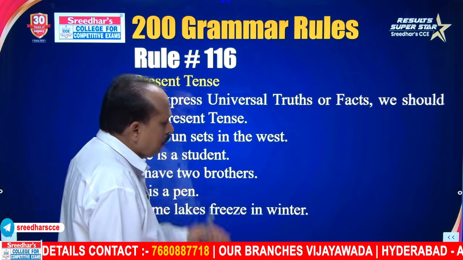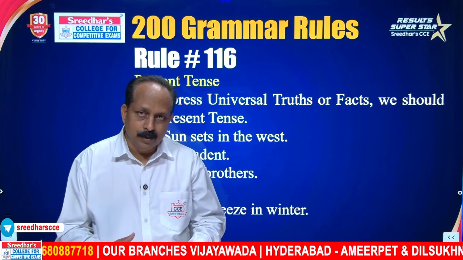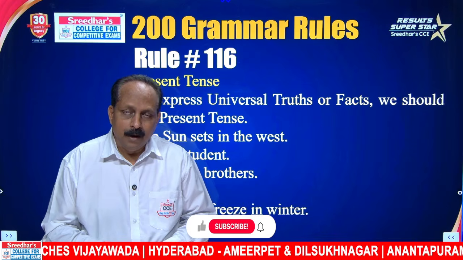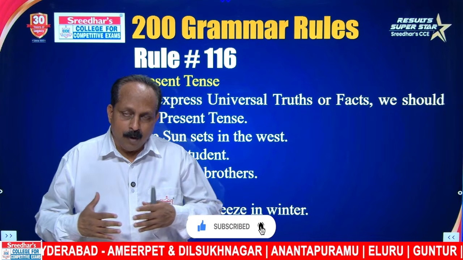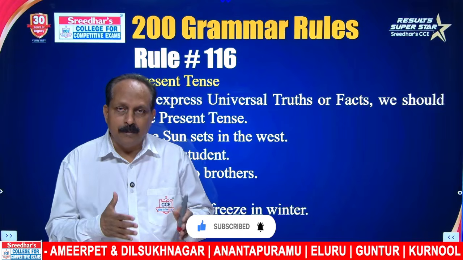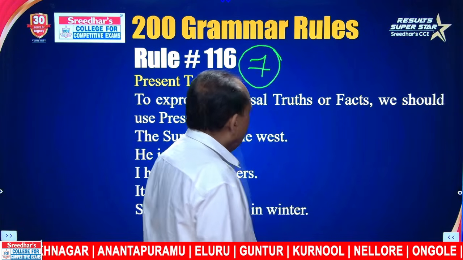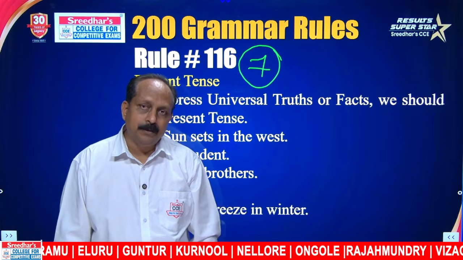All these go with rules related to present tense, rules and uses. And do remember, whatever rules I teach from today, all these rules are based on core grammar topics. For all the core grammar topics, we have 7 topics. How many? 7. All the 7 are very important from competitive exams point of view.